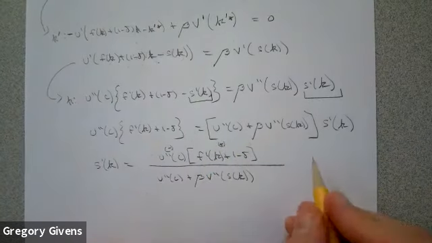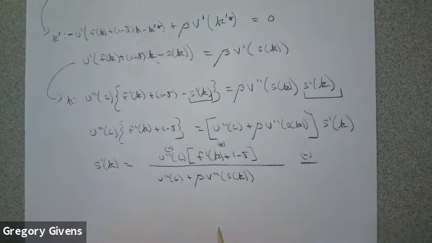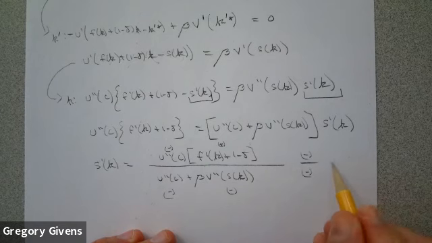So the numerator is a negative number. What about the denominator? U double prime is negative plus beta V double prime. What's the sign of V double prime? Also negative, because we know that the value function is strictly concave. So this looks like a negative over a negative, making it a positive.